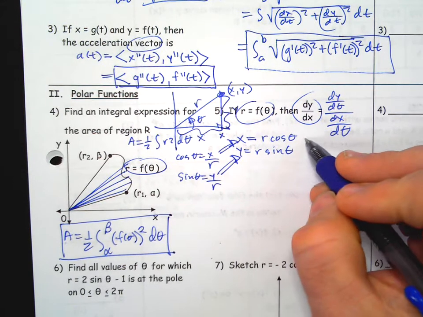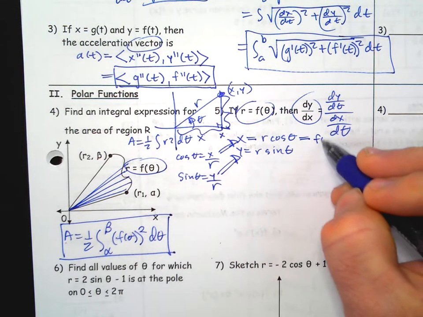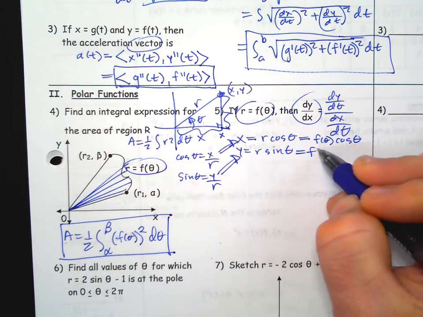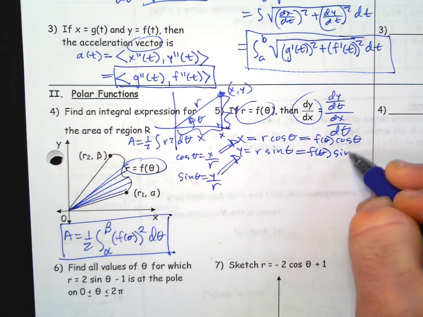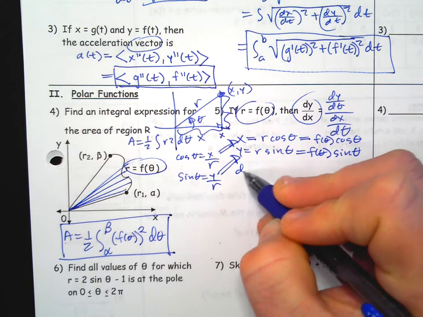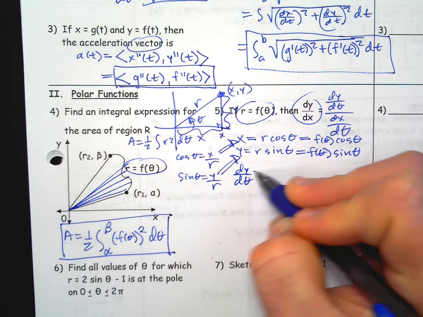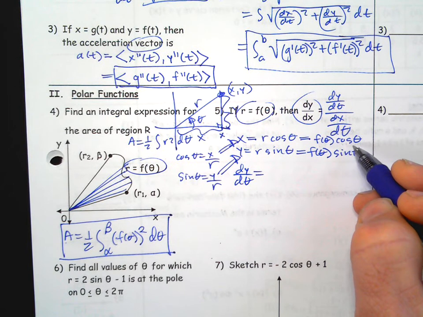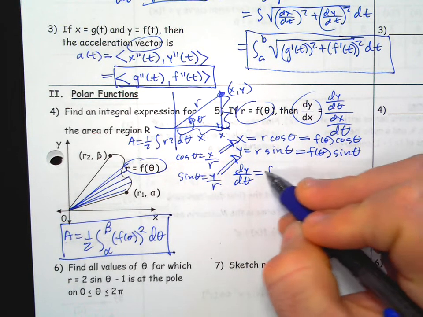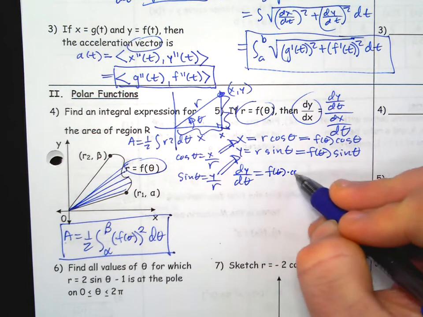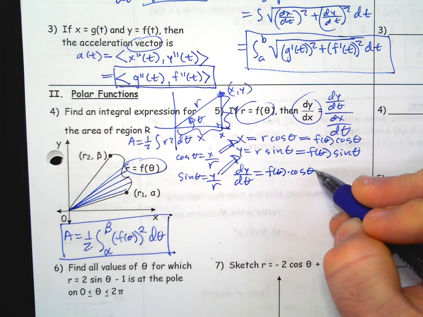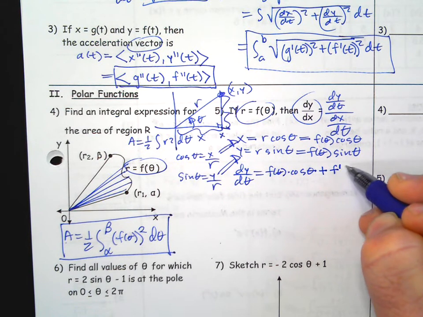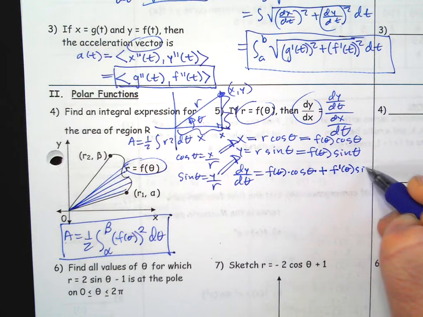So in this case, x is going to be f of theta cosine theta, and y is going to be f of theta sine theta. So then dy/d theta is going to equal, don't memorize this, please, just figure it out. It's just product rule: f prime of theta times cosine theta plus f of theta times sine theta.